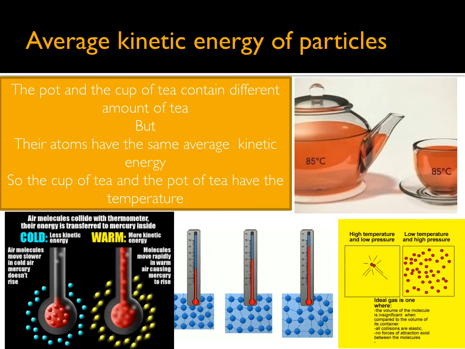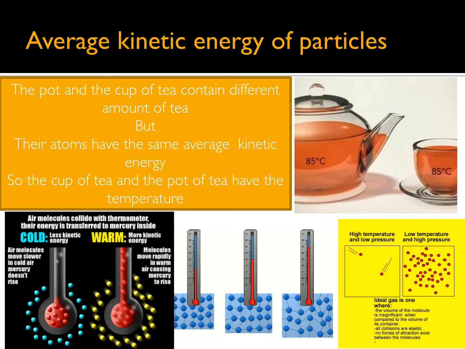What about their temperature? This is the point. The temperature of the tea in the pot and the temperature of the tea in the cup are the same. How do I know? Well, you already know that temperature of a substance depends on the average kinetic energy of all its particles.